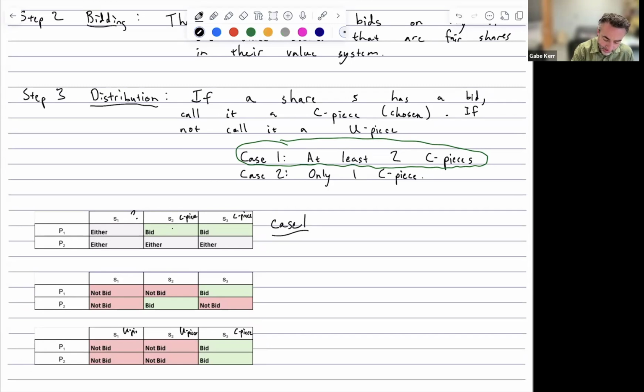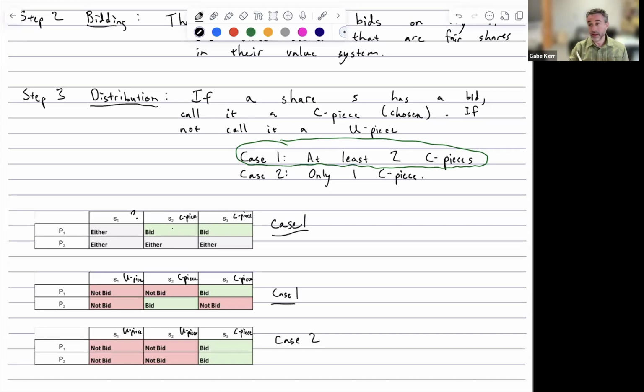And so this is a situation where we're in case two and things are a little more complicated. So we're going to deal with that in the next video, but right now what we'll see is here we have two C pieces and one unwanted piece. And this is case one.